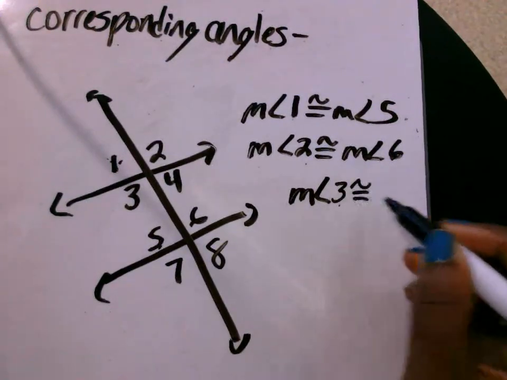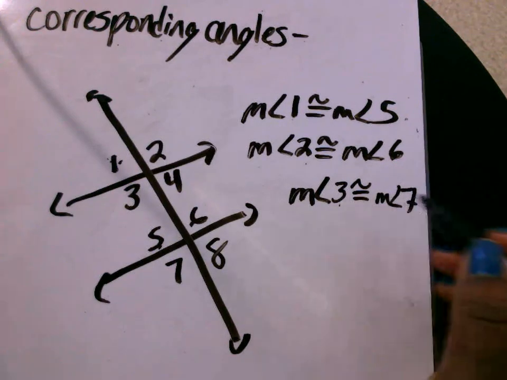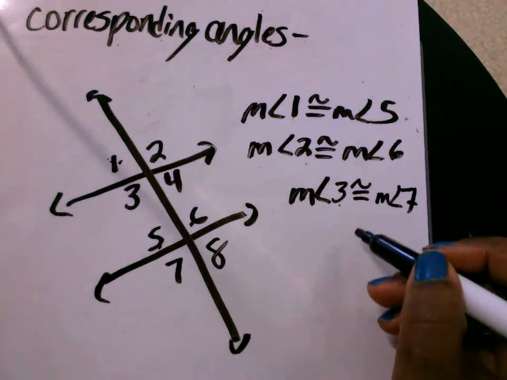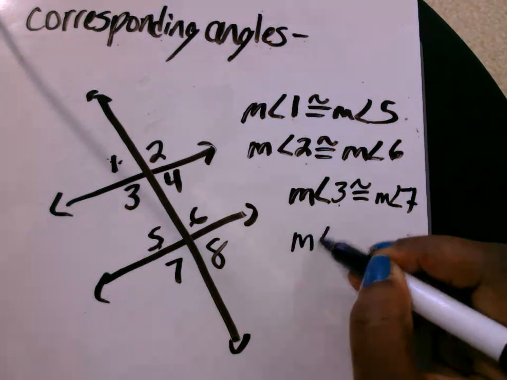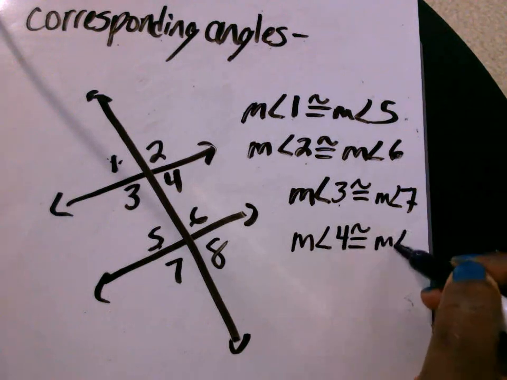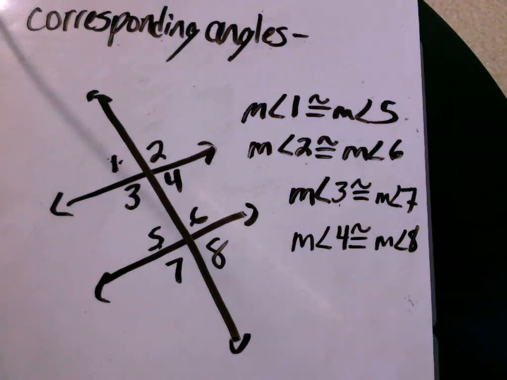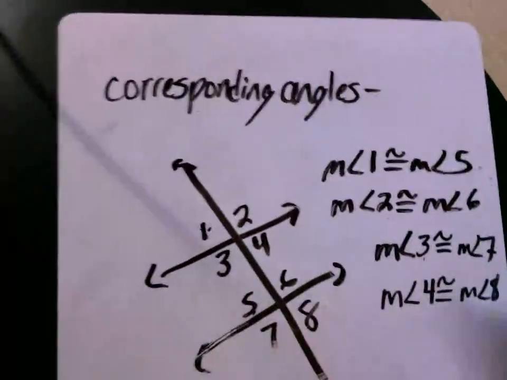Angle 3 is corresponding to angle 7. They're in the bottom left corner. That means they're congruent. And what's the other? 4 and 8. The measurement of angle 4 is congruent to the measurement of angle 8 because they are corresponding angles. Angles that are in similar positions. Okay?